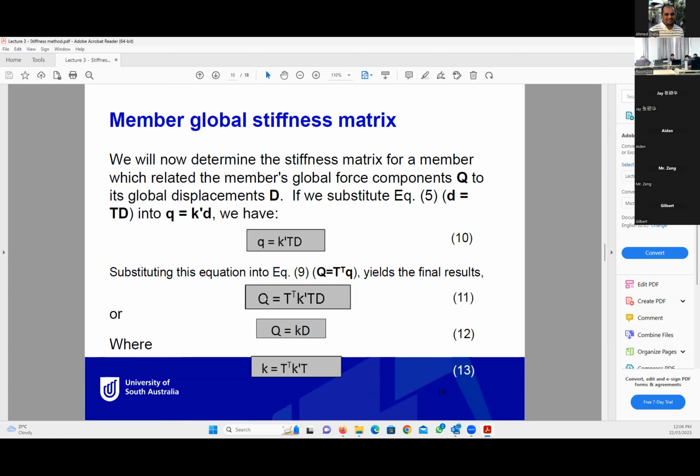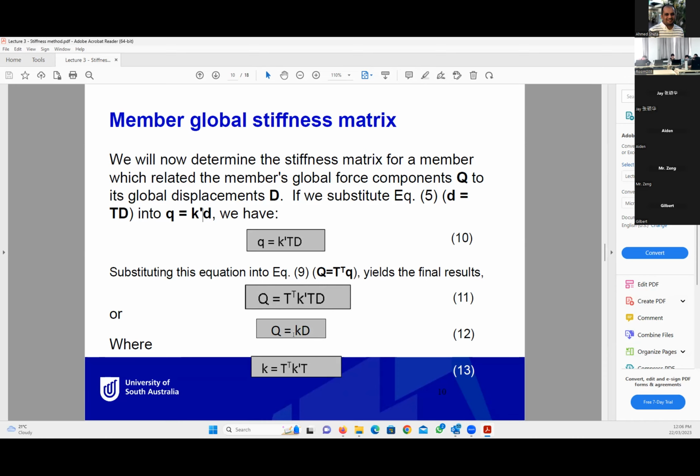So Q capital is the forces in global system, D capital is the displacement in global system, and T transpose is the transformation matrix transpose. K dash is the local stiffness matrix of the member. T is the transformation matrix.